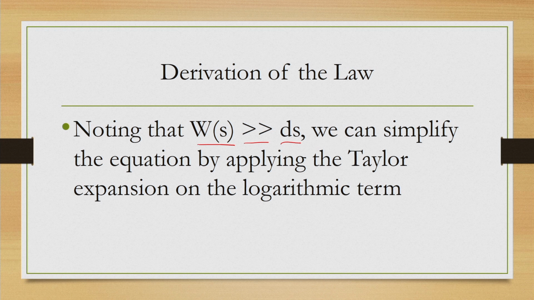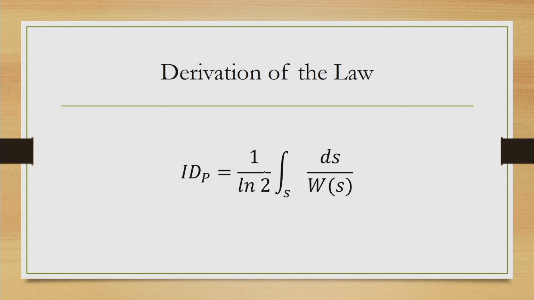Then we can simplify the previous formulation by applying the Taylor's expansion on the logarithmic term. If we perform that, we get this expression, where we have taken out this logarithmic term and the term is now simplified in this form, where only this ratio is there.